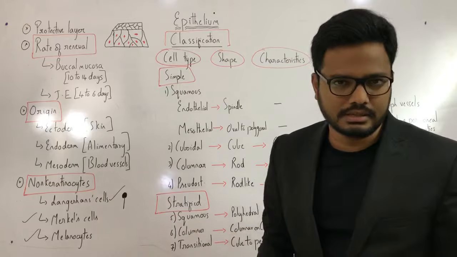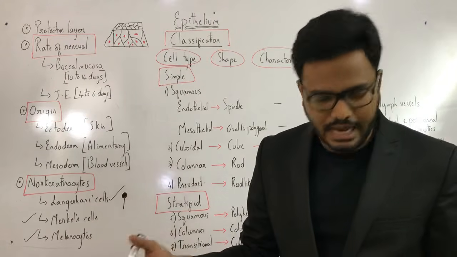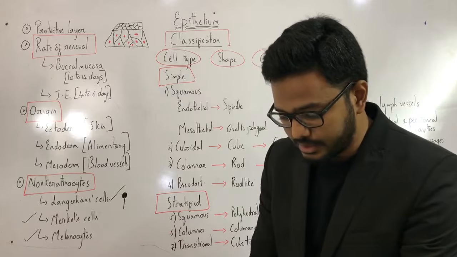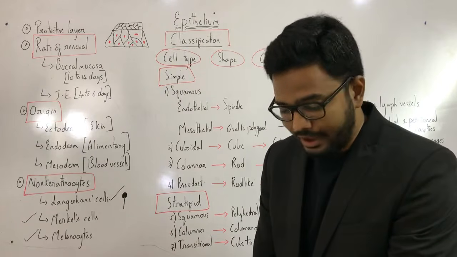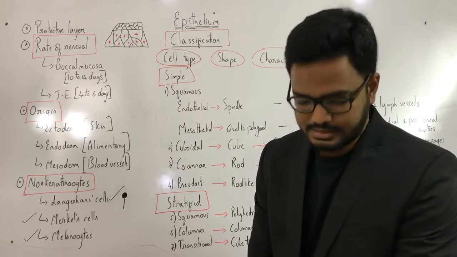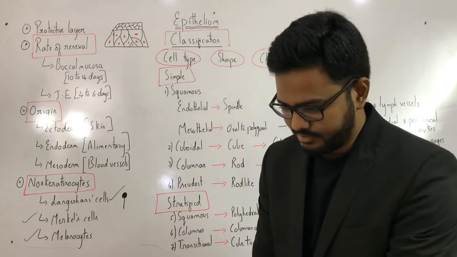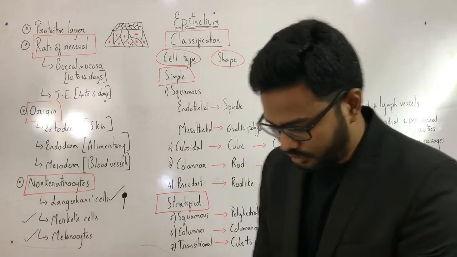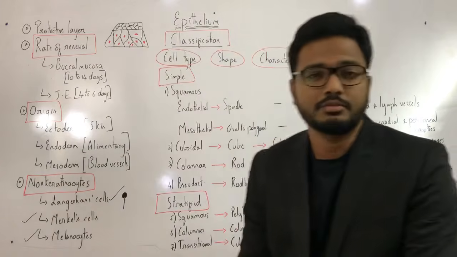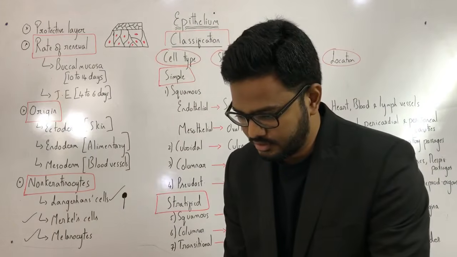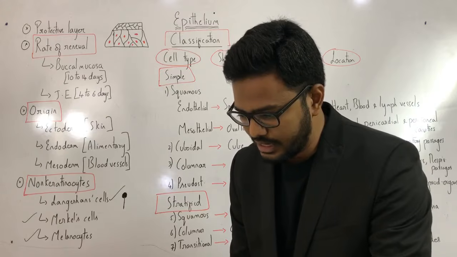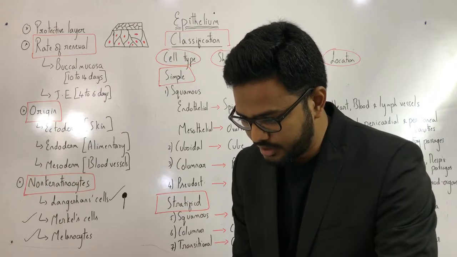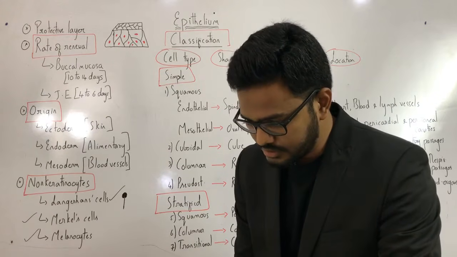Coming to Merkel cells. Where are Merkel cells present? As we discussed, Merkel cells are present in the basal layer. And what is the function of Merkel cells? So each cell attaches themselves by desmosomes, good. Adhesion between cells.